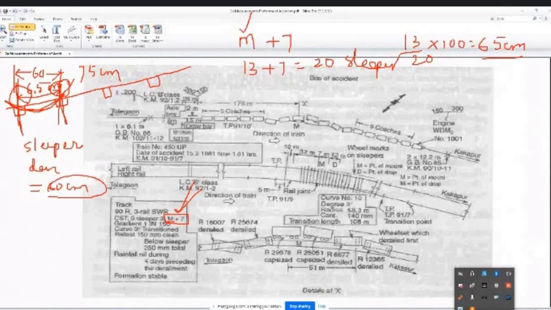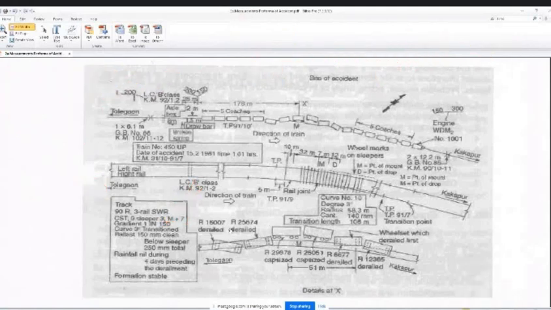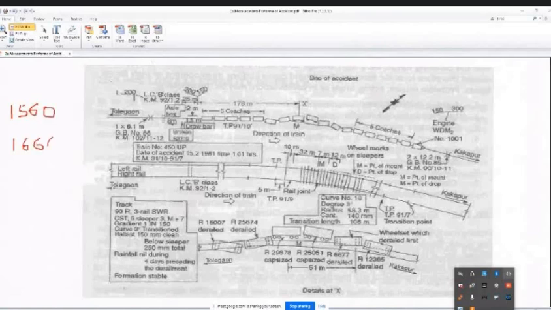Is M+7 clear to you or not? Right. I forgot to tell you one more point. Nowadays our civil engineers use the words, sir, my sleeper density is 1560 sleepers, sir, 1660 sleepers.